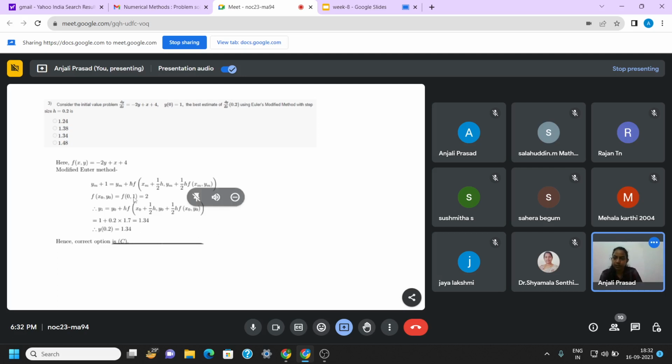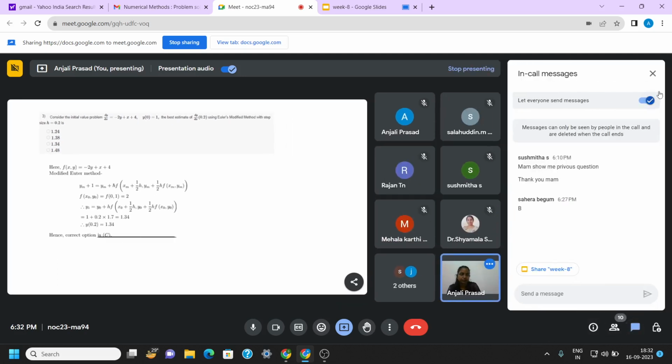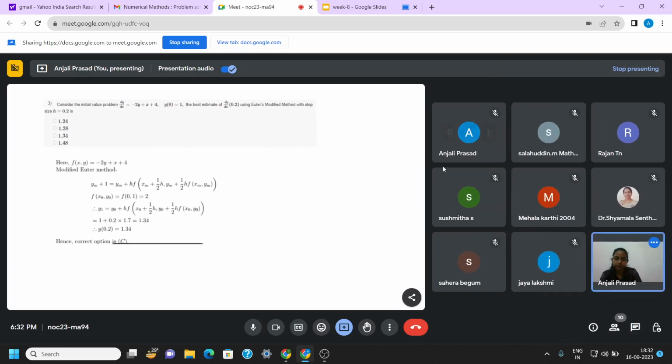Just substitute all the given values and apply the formula using step size as 0.2. So do you have any doubt?